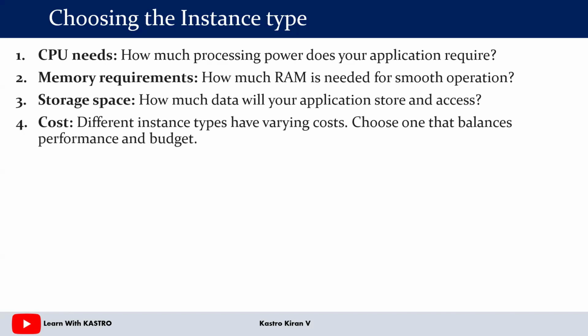How much you are willing to spend on a specific instance type which belongs to a specific instance family. Cost is also one of the important things companies will be looking for. So based on these 4 criteria, we are going to select the instance type according to the requirement of the project or the client. These 4 play an important role in choosing the specific type of an instance.